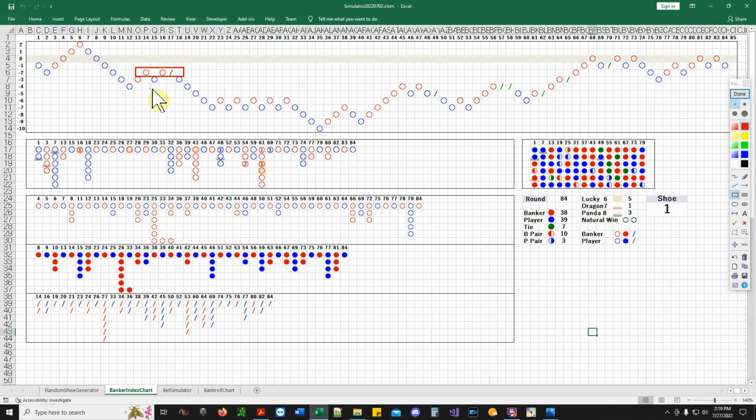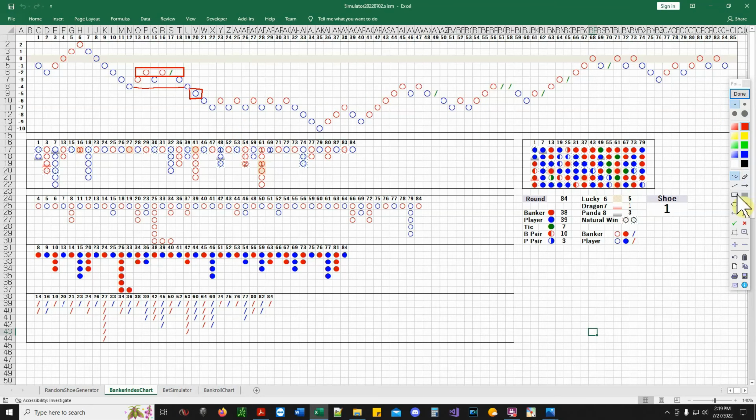Got resistance right here. Establish support. Boom, breakout. We're at -4. So -5, yes, breakout.